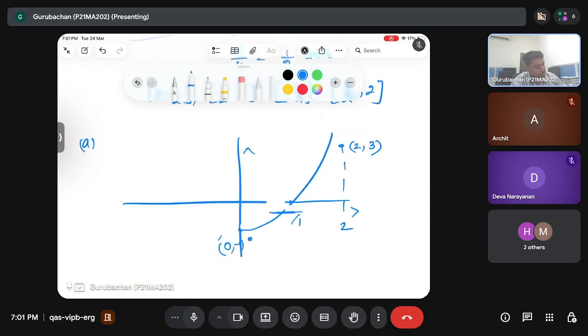In the A part, ck is the left hand endpoint.